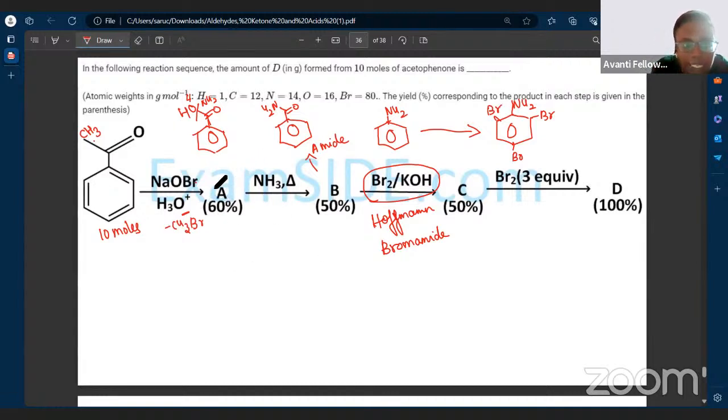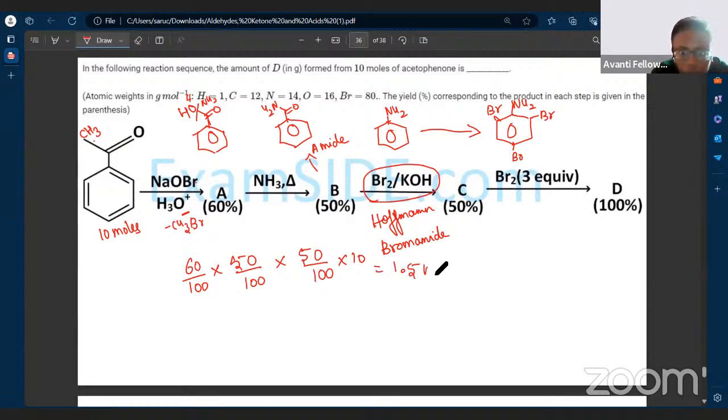So A is 60%, so 60 by 100 into 50 by 100, since C is 50%, into 10. So it is equal to how many moles? 1.5 moles. We'll be getting it as 1.5 moles.